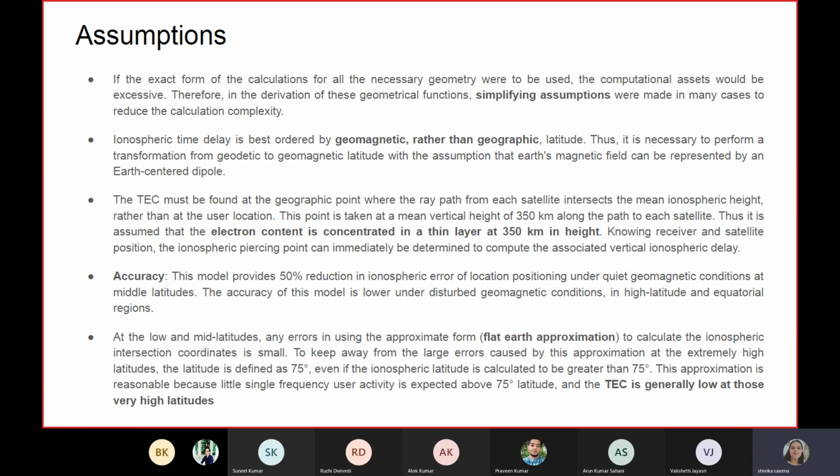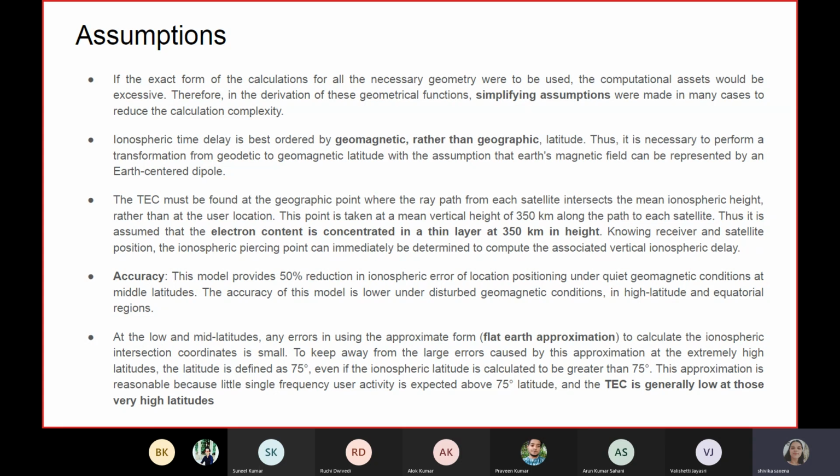Okay, there's a flat earth approximation, so at the low and mid latitudes, any errors in using the flat earth approximation to calculate the ionospheric intersection coordinate are small. Now, to keep away the large errors caused by the approximation at extremely high latitudes, the latitude is defined as 75 degrees even if the ionospheric latitude is calculated to be greater than 75 degrees.